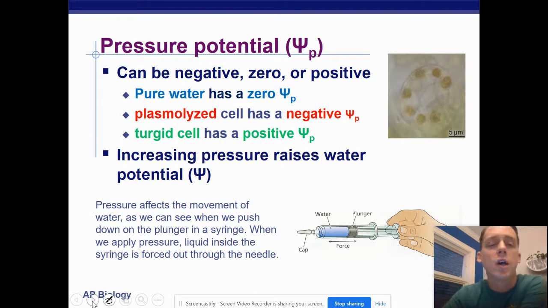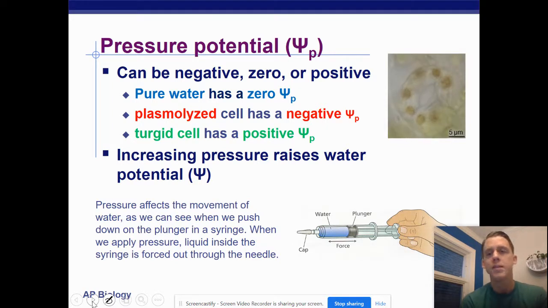So let's talk about pressure potential. Pressure potential can be negative, it can be 0, or it can be positive. Pure water has a pressure potential of 0. Right? So if you've just got pure water in an open container, the pressure potential is 0. If we're talking about a cell that has plasmolyzed, well, it has shriveled.